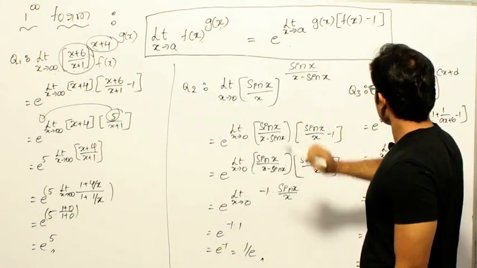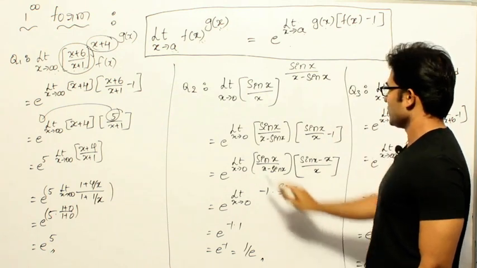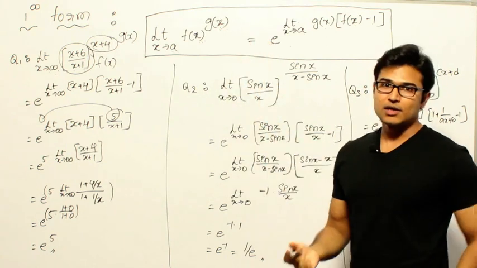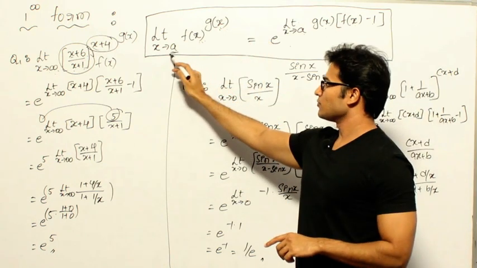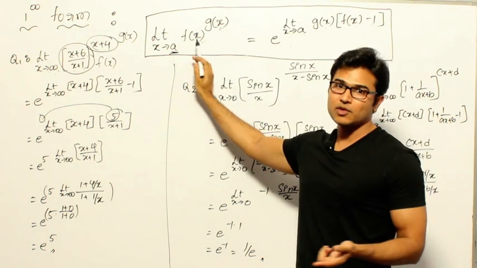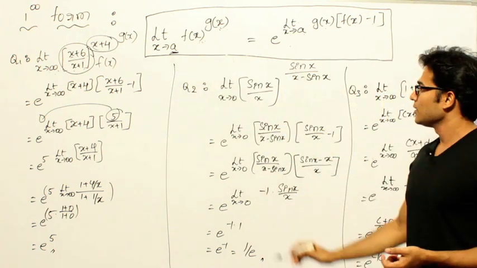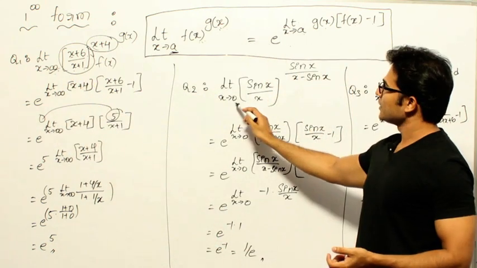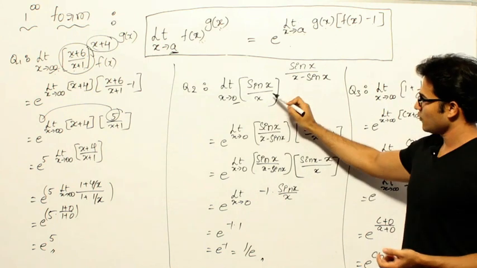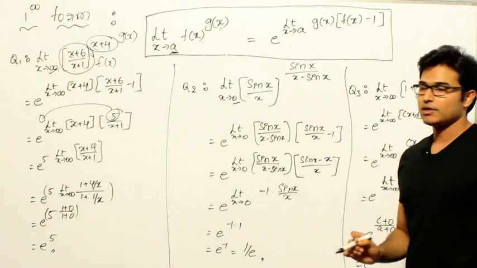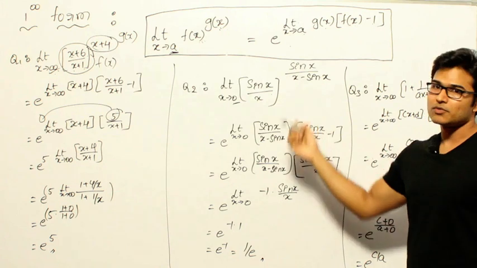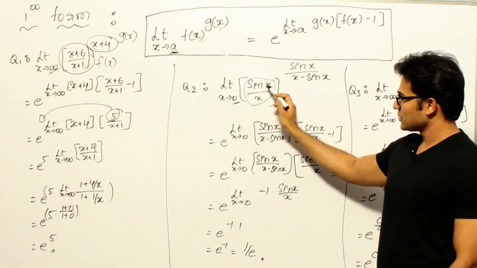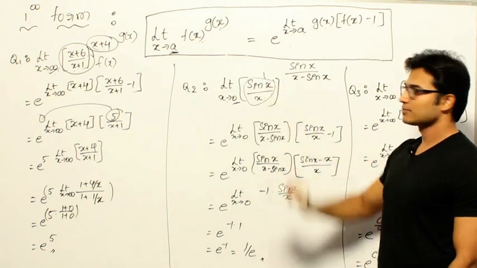Now exactly the same model is this. Whenever you are going to get limit x tends to something, f of x power g of x, it need not be 0 or infinity always. Overall you are supposed to get 1 power infinity in order to apply this form. In the earlier case it is limit x tends to infinity, but in this case it is limit x tends to 0, but still it is in the form of f of x power g of x. We shall check whether it is going to give us 1 power infinity form or not. The base, limit x tends to 0 of sin x by x, is going to give us 1.